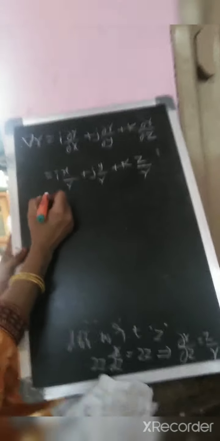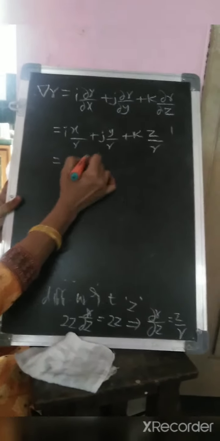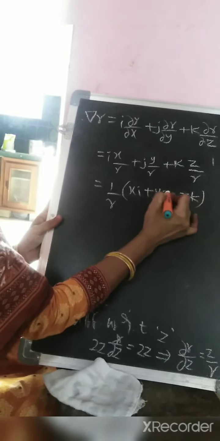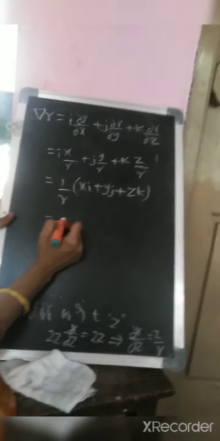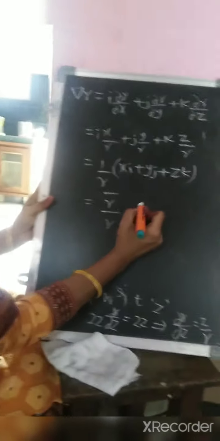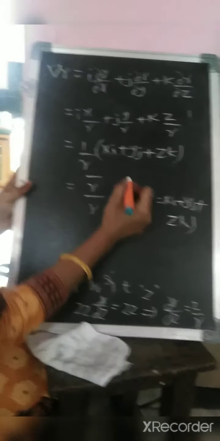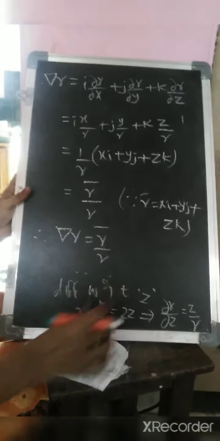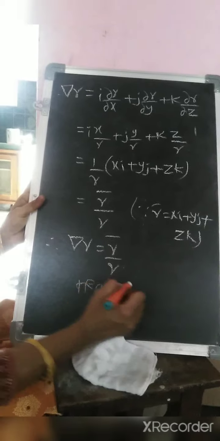Here 1 by r is taken outside, so that is xi plus yj plus zk. We know that xi plus yj plus zk is equal to vector r. So that is vector r by r. Therefore grad r is equal to vector r by r. This is the solution. Hence proved.